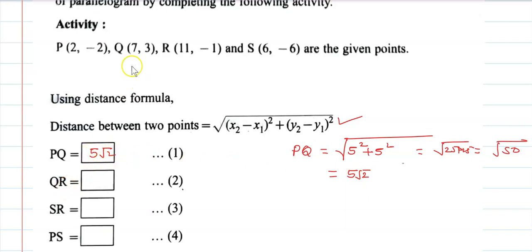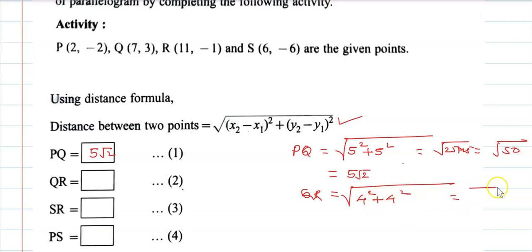Similarly for QR, square root of 11 minus 7, therefore you will get 4 squared. Next, minus 1 minus 3, that is minus 4, squared, again 4 squared.